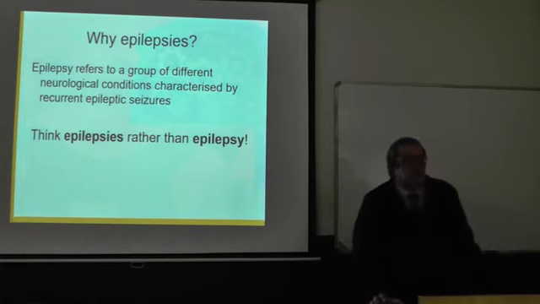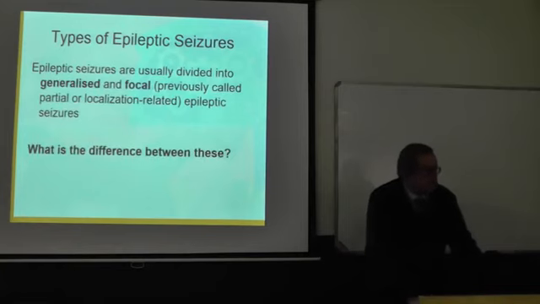That means these are syndromes, or epilepsy syndromes, that have a typical age of onset, a typical type of seizure or seizure types, a typical prognosis and outcome, and sometimes even a very specific treatment. So that's why I would urge you to think about epilepsies rather than just epilepsy.